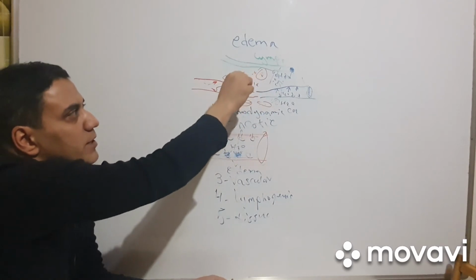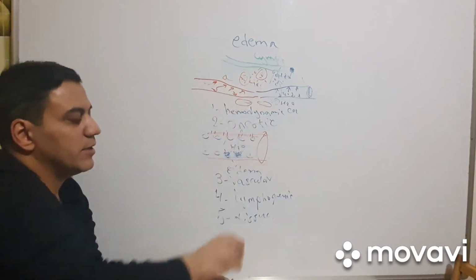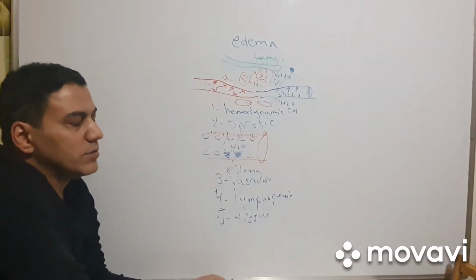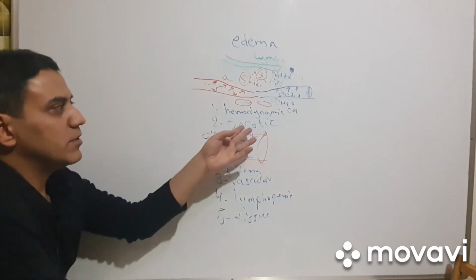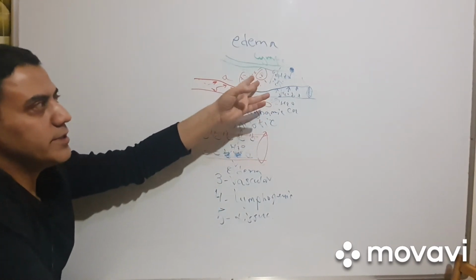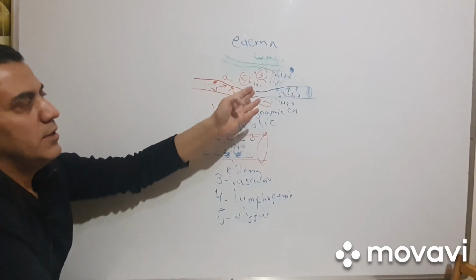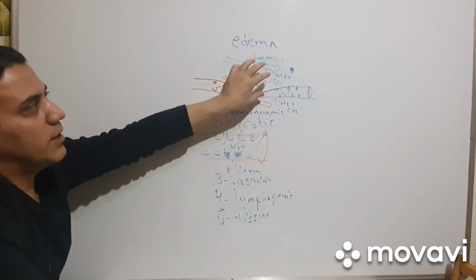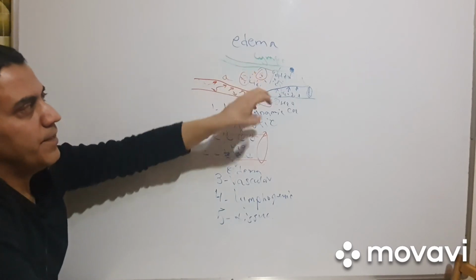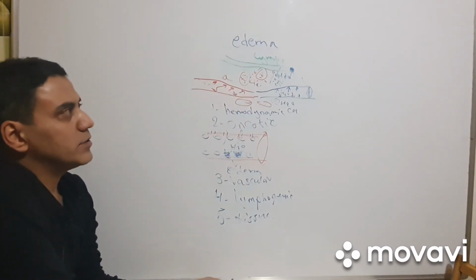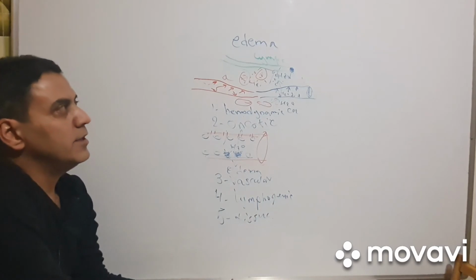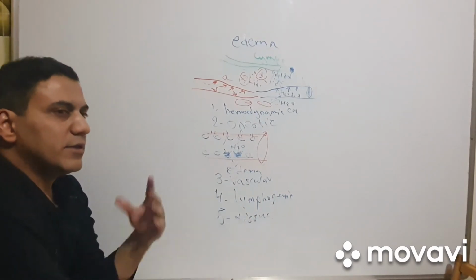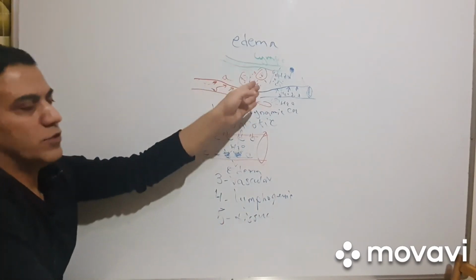They will be accumulated here, and they create osmotic and oncotic pressure, because they could also be proteins and some amino acids accumulated in tissue, and they will attract water to themselves. This plays a role in case of anything which leads to tissue hypoxia.